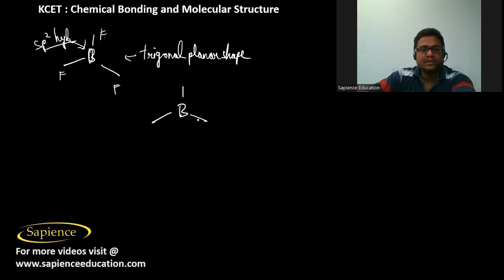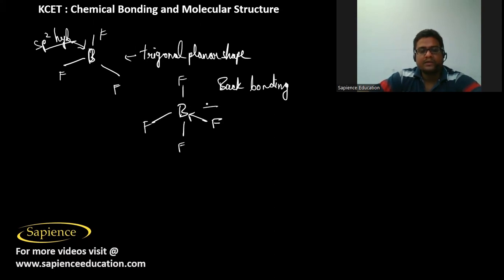And for BF4 minus we have something called back bonding. It means that one fluorine atom forms a coordinate bond with the central atom, that is boron.